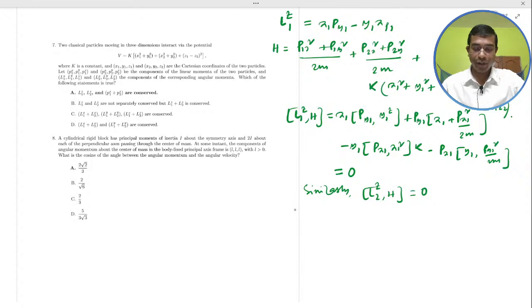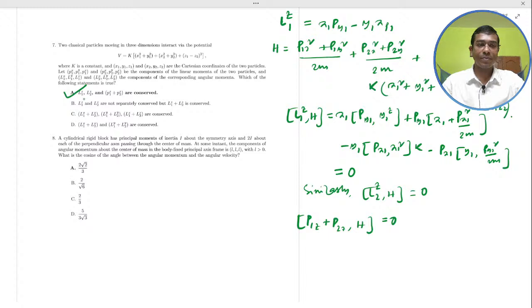And the commutation of P1z plus P2z with the Hamiltonian, this will be always 0. You will check. So L1z and L2z are conserved.